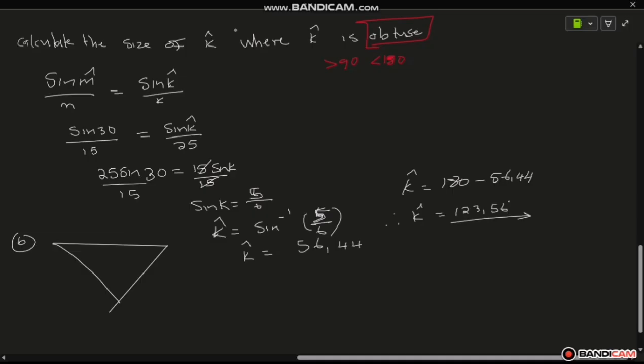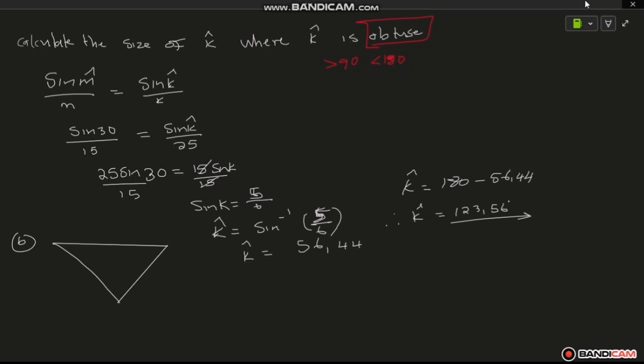Okay, let's say this is a triangle. Let me just use a white pen or a white color. Okay, let's just do it like this.